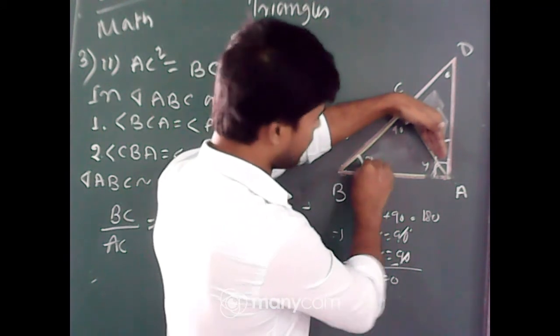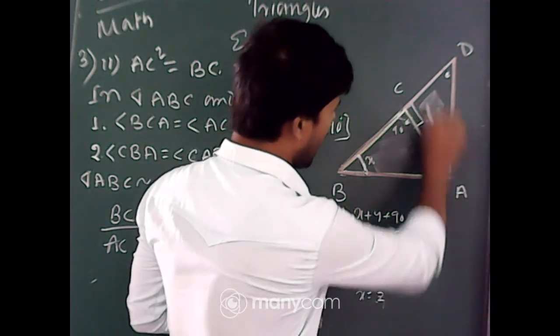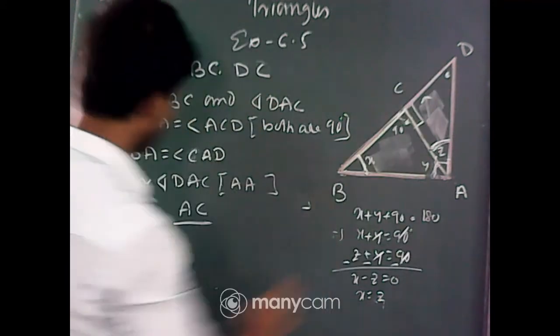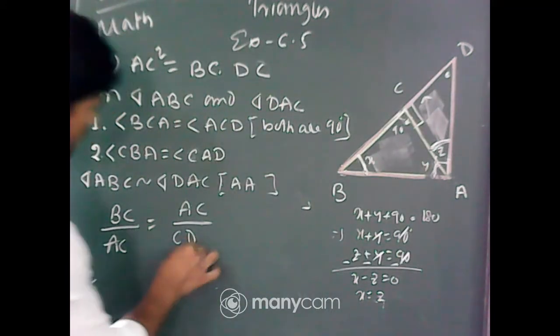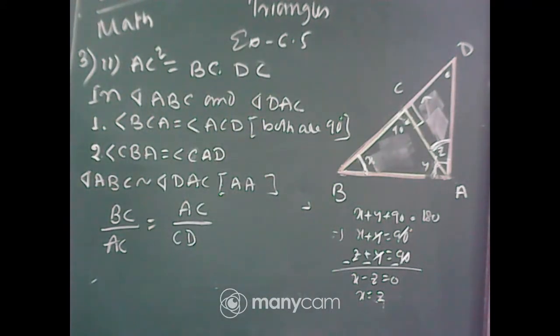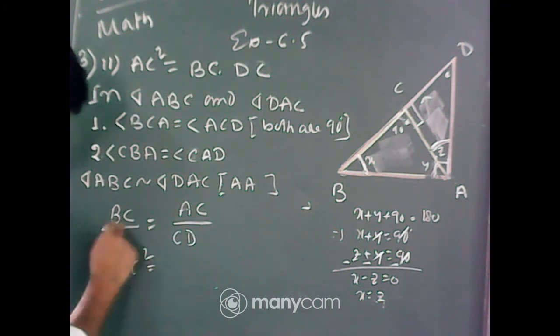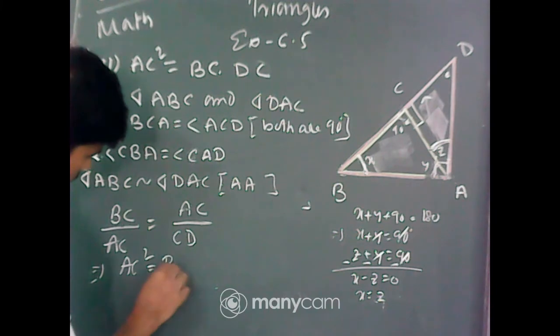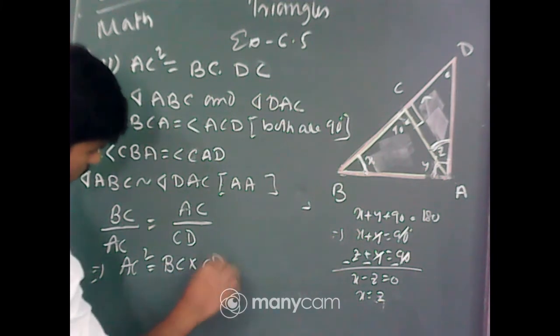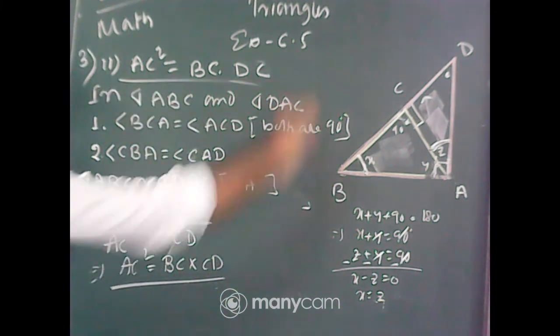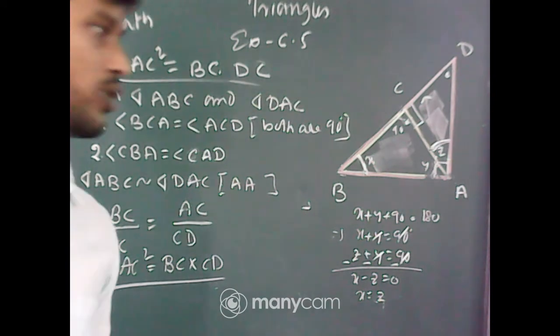X, and this angle is equal to this angle, and its opposite side is CD. Now do the cross multiplication. So AC into AC, that is AC square, is equal to BC into CD. So the second part is also proven.